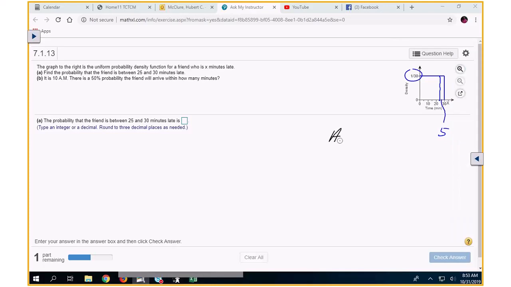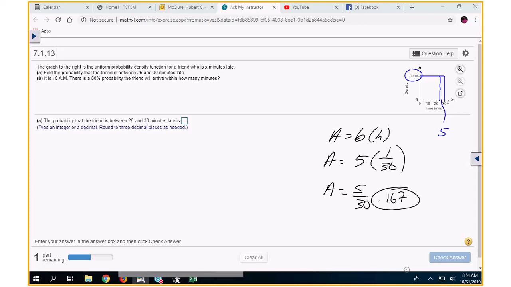Area is equal to base times height. Area is equal to 5, which is the base, times 1 over 30, which is the height. We did 2 or 3 of these in class. So what's 5 over 30? 1/6, which is 0.167. Actually, it's 0.166 repeating, but they're probably going to ask you to round it. So it'll probably be 0.167 or whatever they tell you to round it to.